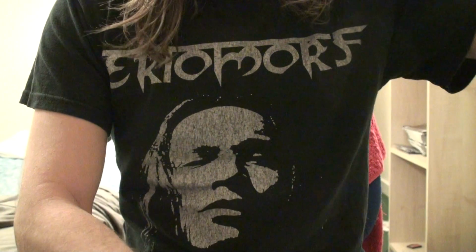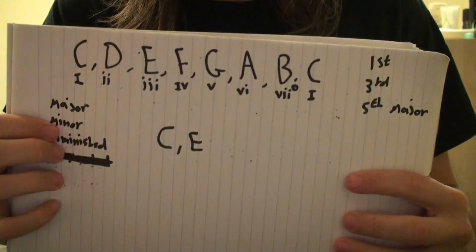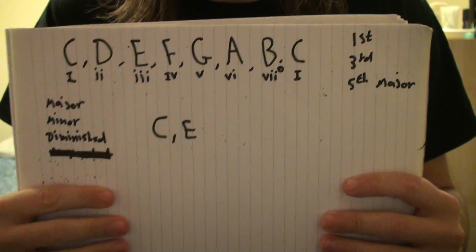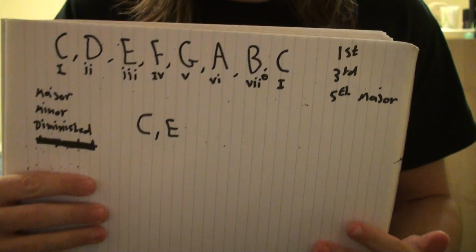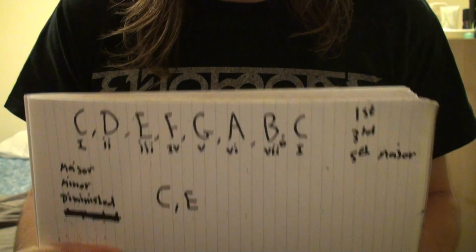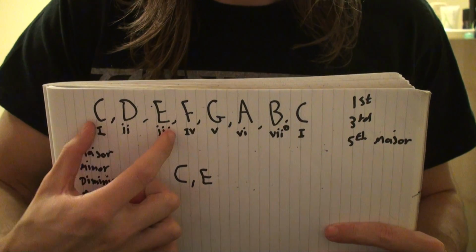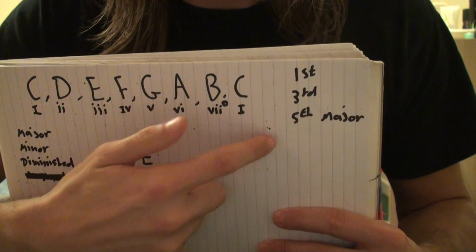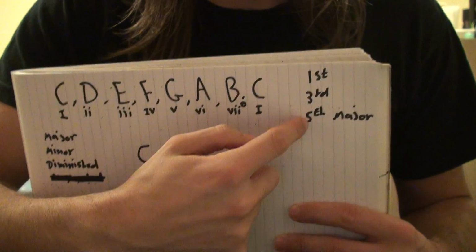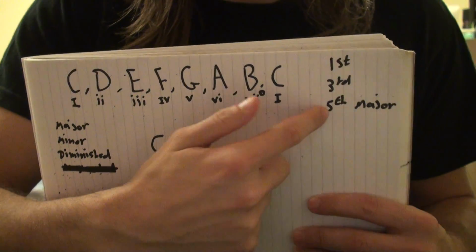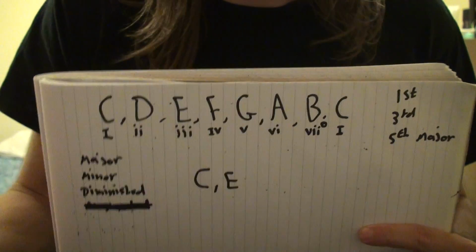So we now have 2 notes. But a major triad, or any triad, is made up of 3 notes, like I said before. We have the C and the E. Now we need the fifth interval, the fifth note in the scale or key.